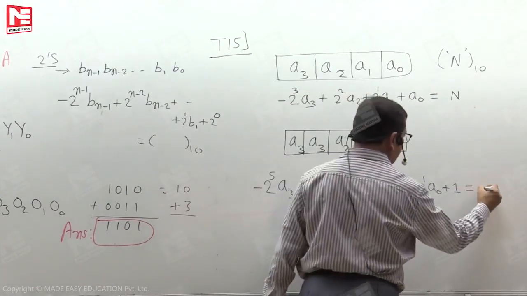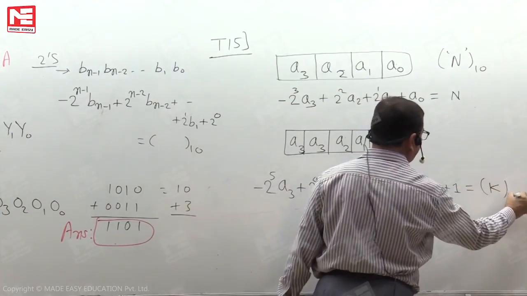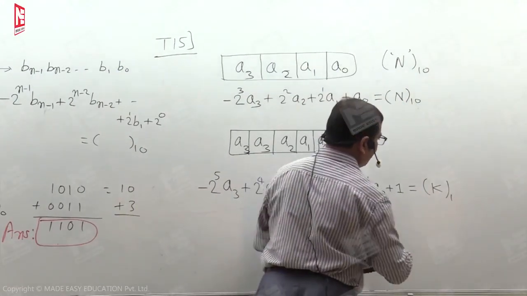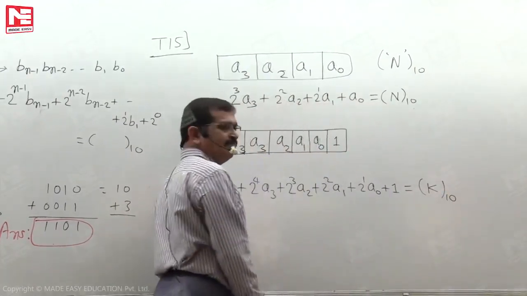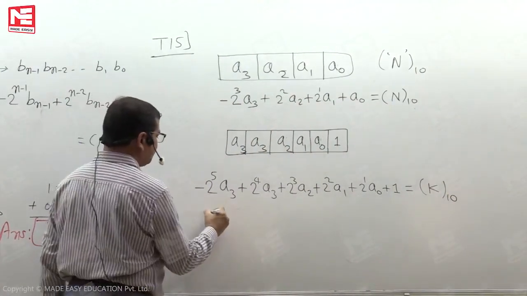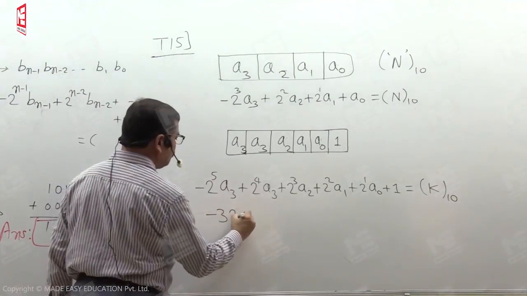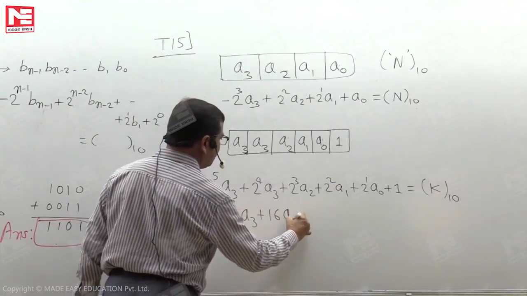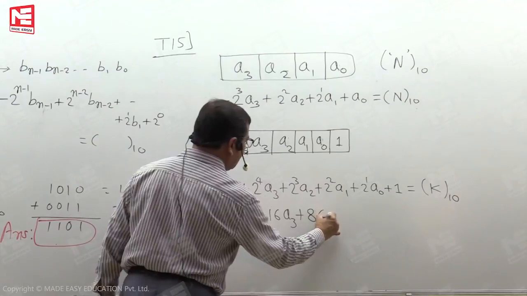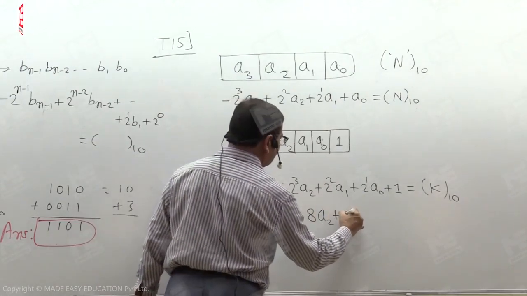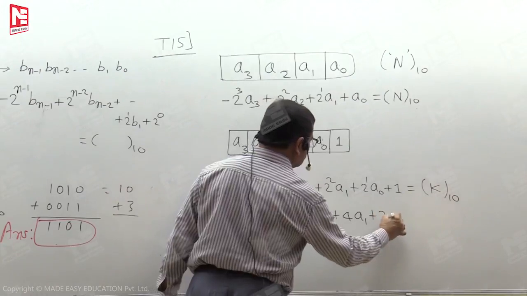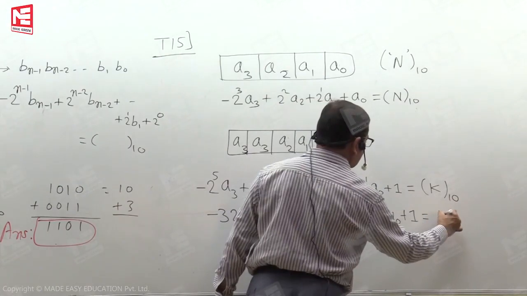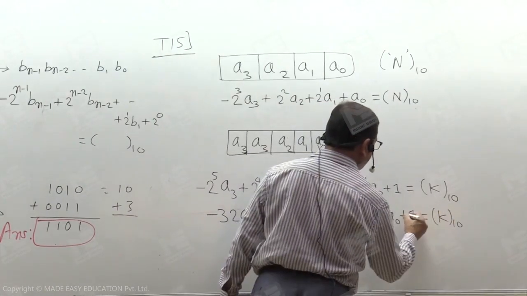Let us name it a decimal k. So this is minus 32 A3, plus 16 A3, plus 8 A2, plus 4 A1, plus 2 A0, plus 1, equal to decimal k.